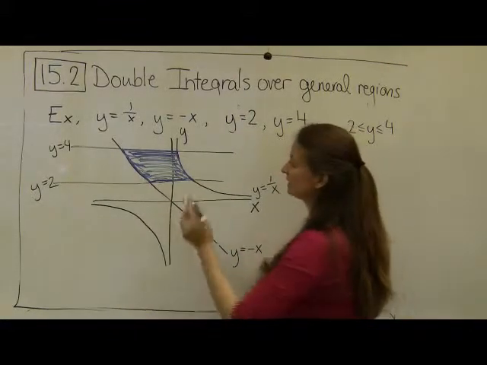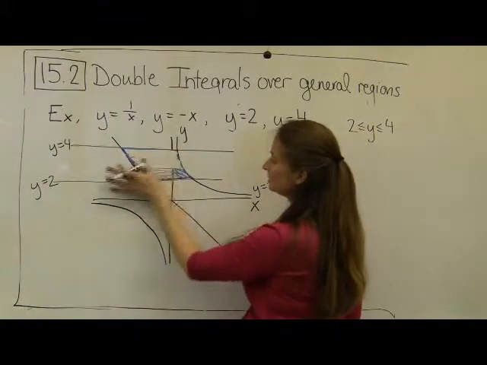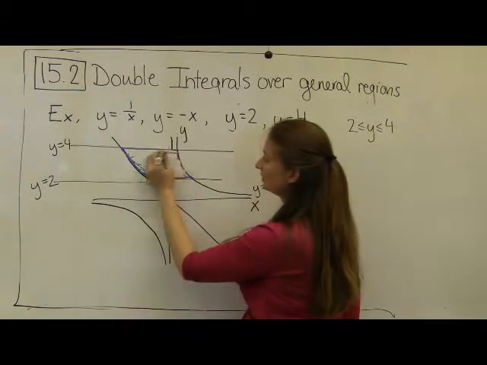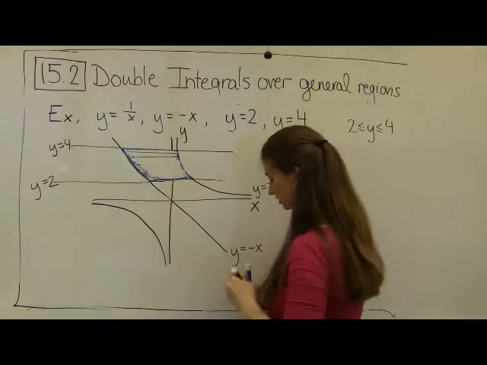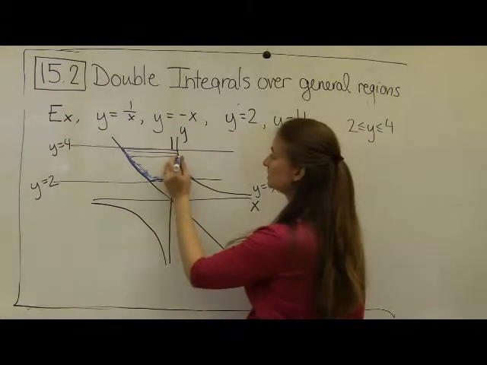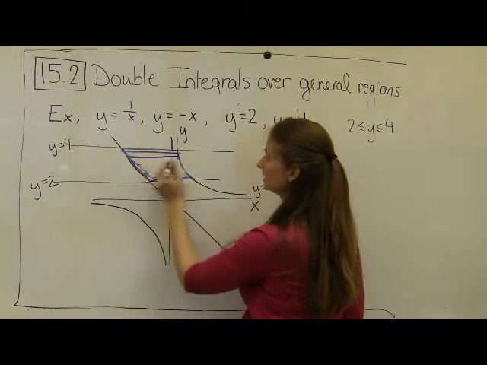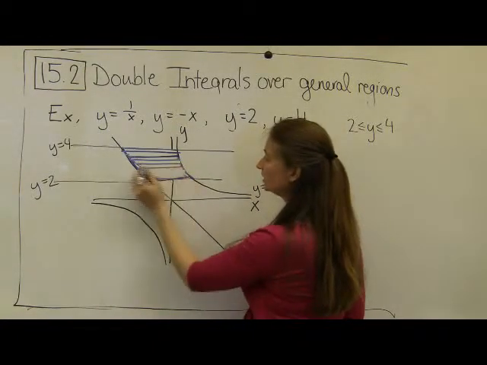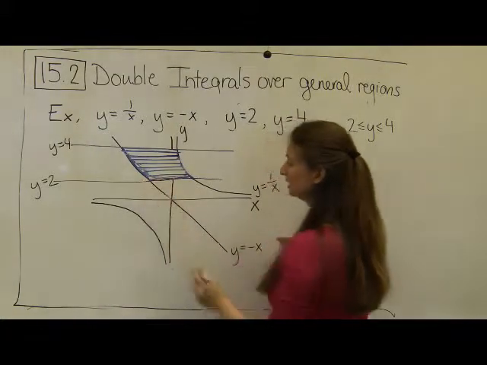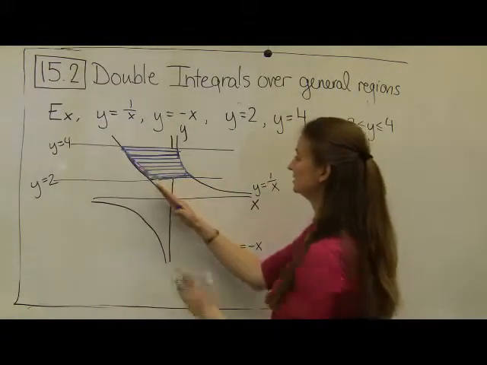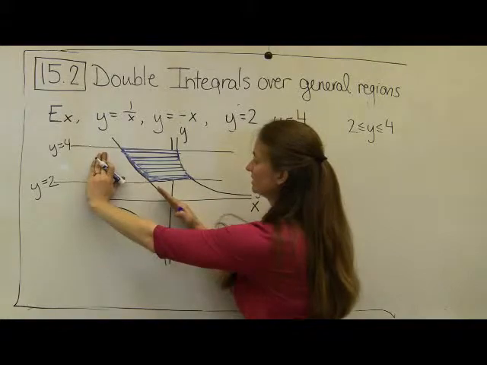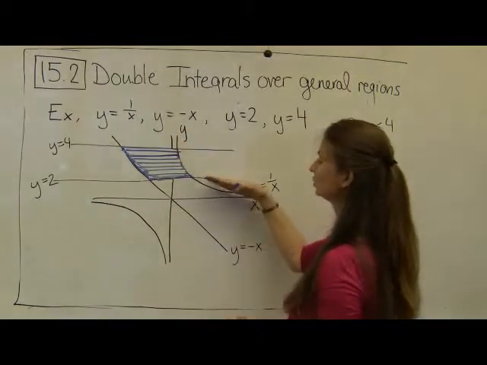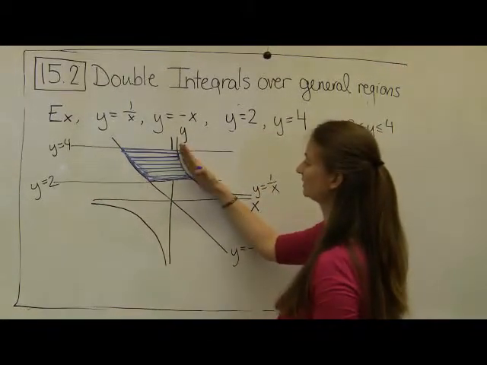The picture in this case is the fact that this region, I'm actually slicing up into horizontal slices. And I want to know how long is each of these slices. So this line is going to be the left-hand side of the slice, and this line is going to be the right-hand side of the slice.